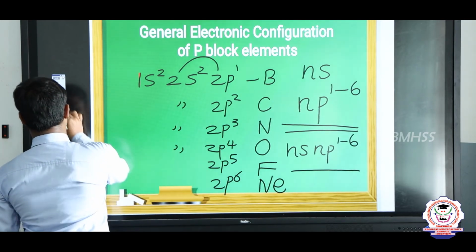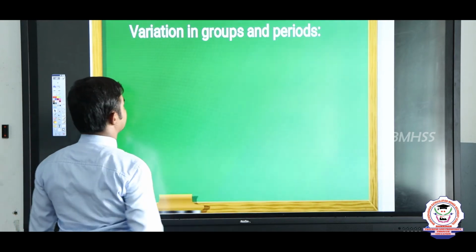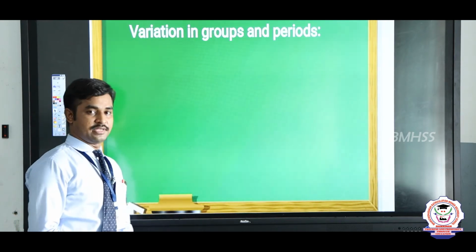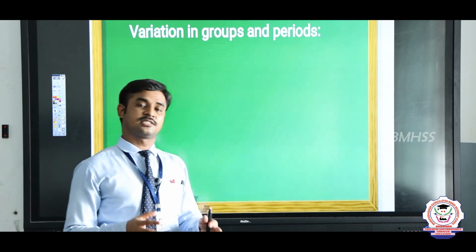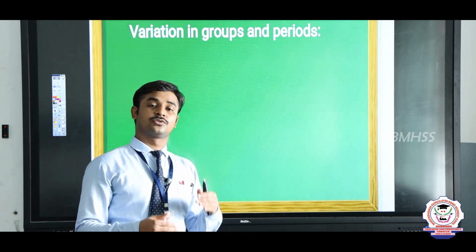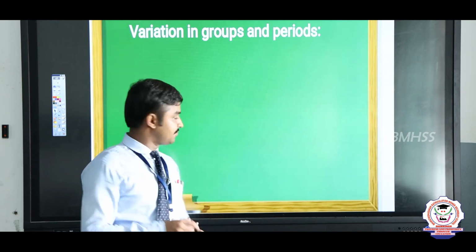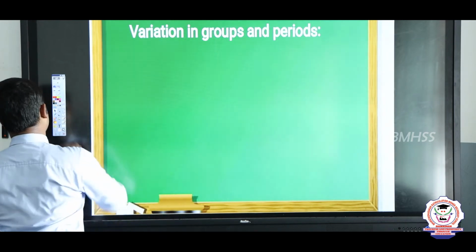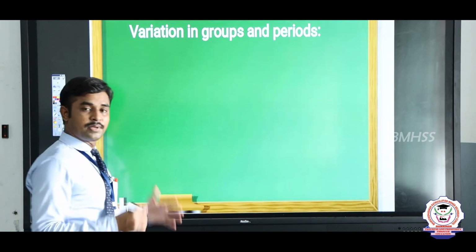And let us see the next topic, variation in groups and periods. How do the characteristics vary in groups and periods? We have different terms in the p block elements.